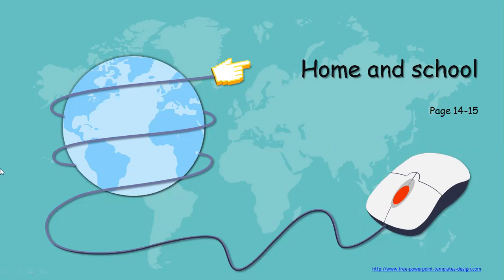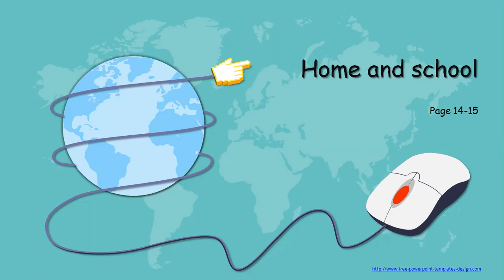In this lesson, we are going to learn how we use the computers at home and how we use them at school. This is what we are going to learn today.